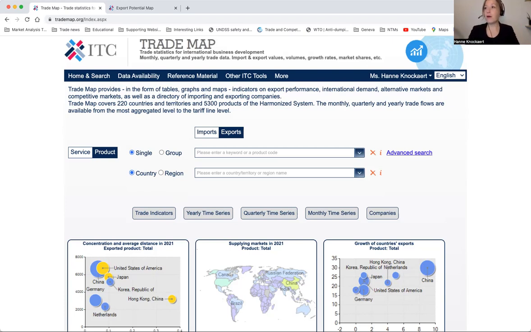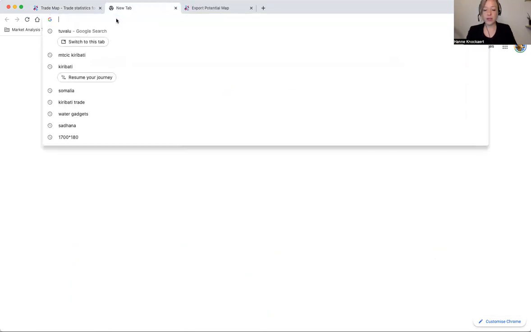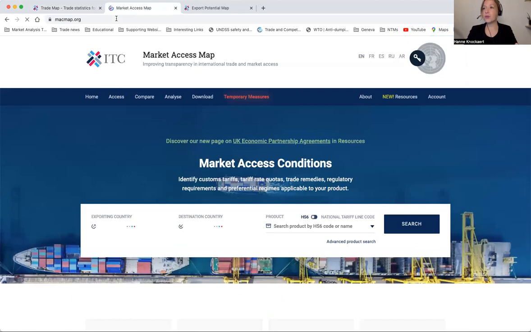But Market Access Map, the third tool that we want to discuss today, would talk about the market access conditions. So the trade agreement you are talking about is also included in this tool if it's already active. If it's not active yet, it might not be there. So it's in our other tool.